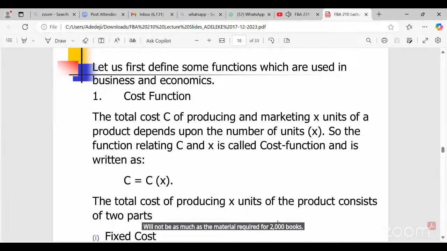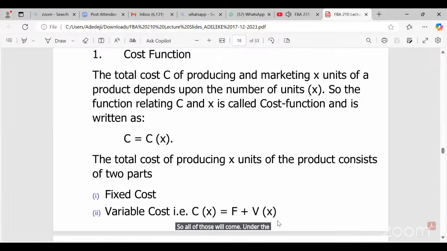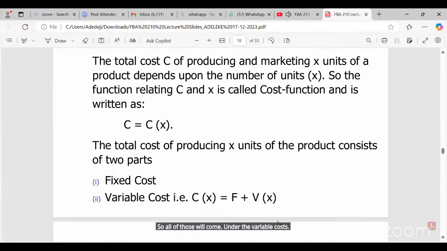So you will notice that the quantity of books being produced will determine the raw material that will be consumed, and that easily translates to cost as well. So all of those will come under the variable cost. So you have your total cost as a combination of fixed cost and your variable cost.